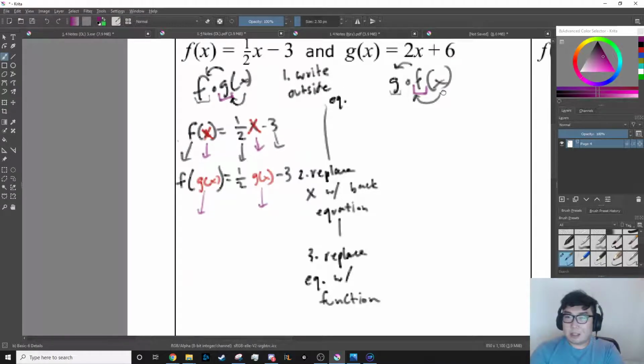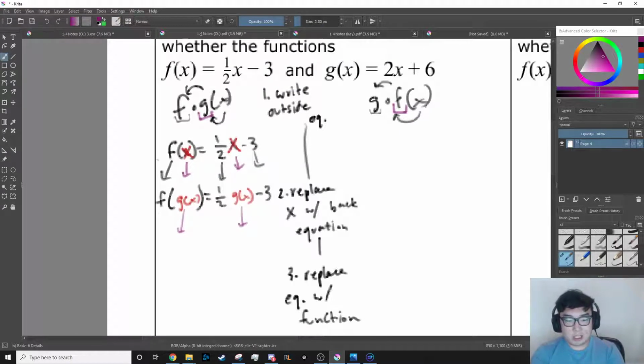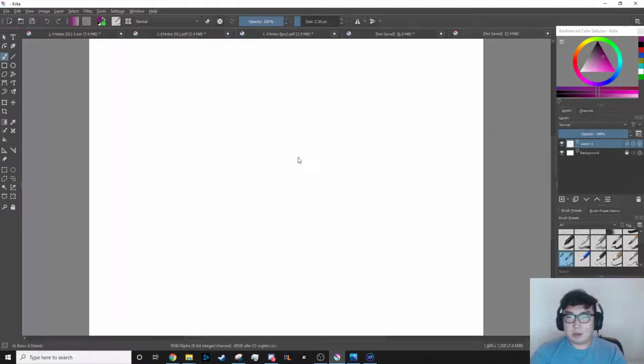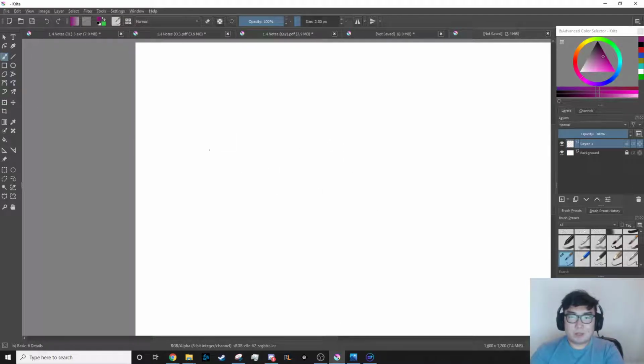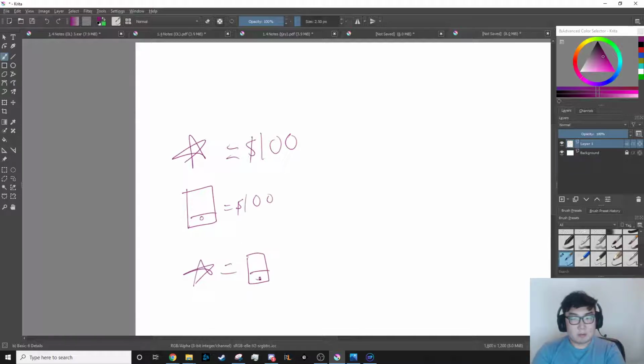But if I think about the word equals to, let's say, for example, the star is $100, and let's say my phone is $100 as well. That means that my star is equal to my phone, which is equal to $100, which is equal to a star, which is equal to a phone.